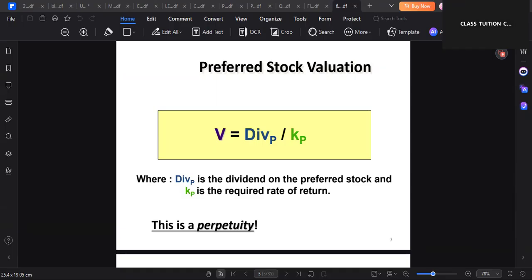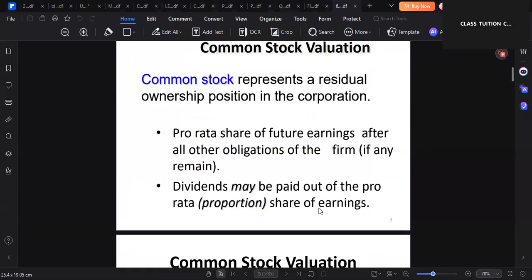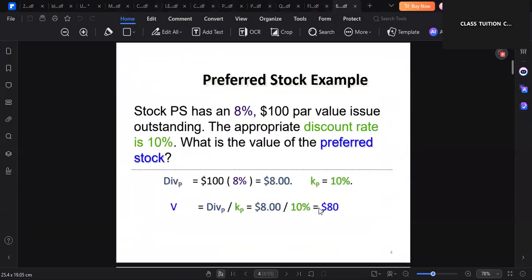So from our example here, we have 8%, $100 par value, and the required return is 10%. So we want to calculate the value of preferred stock. So what do we do? Our dividend paid is 8 because we calculate 8% times 100.